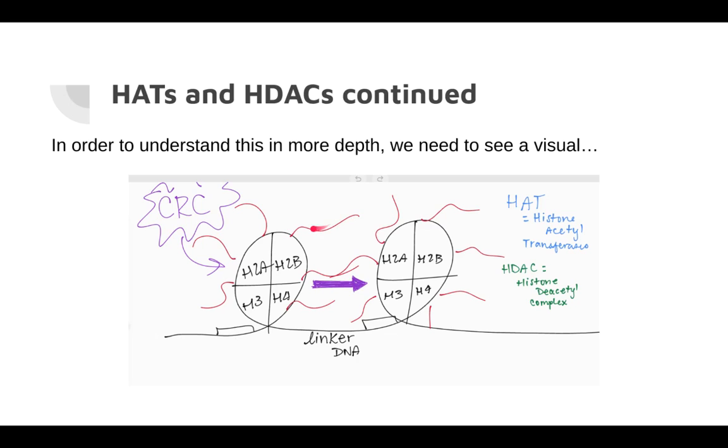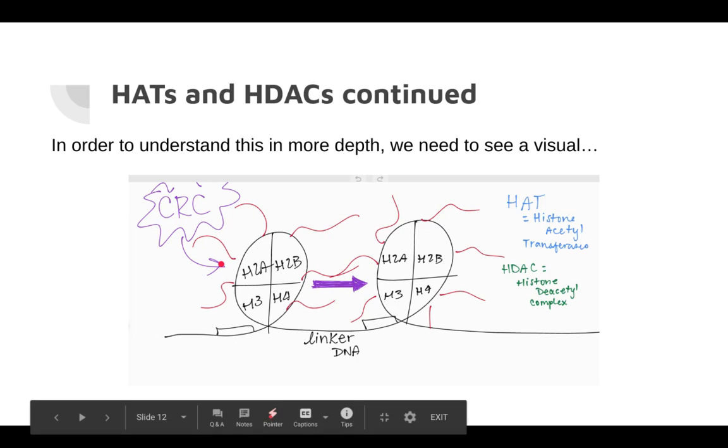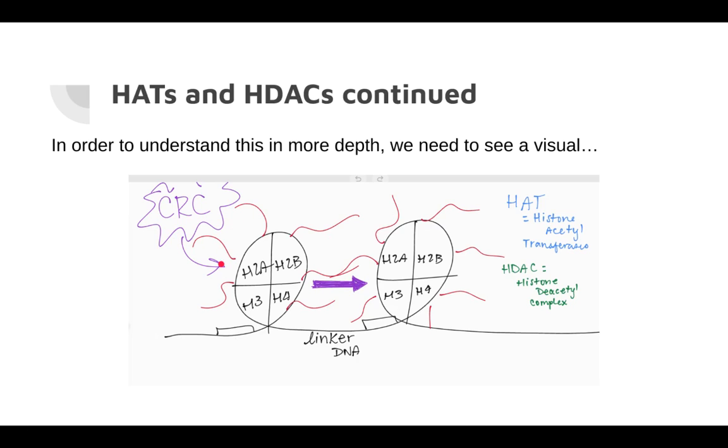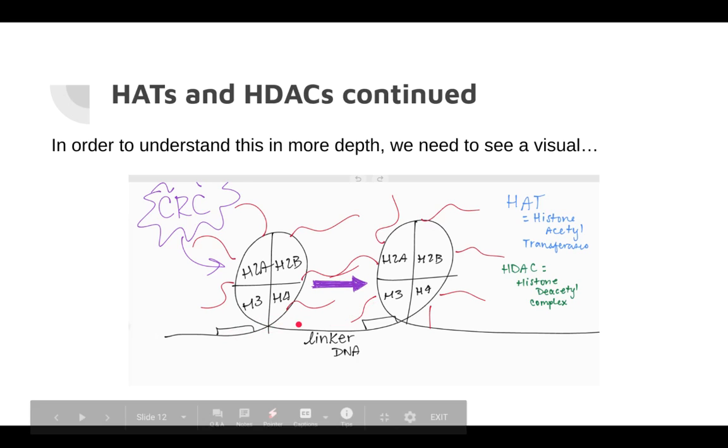We need HAT to come in, plop some acetyl groups on all of these tails, which will remove or neutralize the positive charge, which will allow this to be free. CRC, or chromatin remodeler complex, can now come in and push this out of the way. We can get to where we need to get.